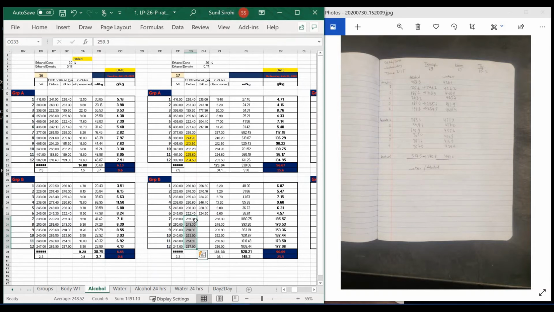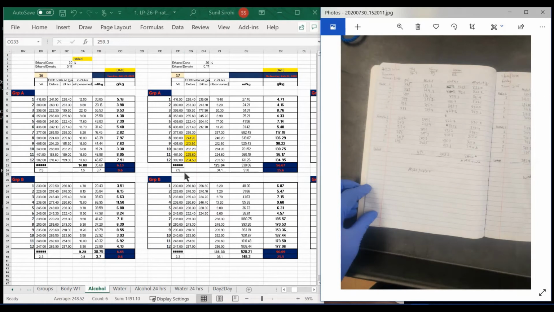If you did not refill anything in this bottle, the 24-hour intake number for the previous day becomes the initial number for that particular day. But if you refill something, then you have to enter the new number for that particular day.